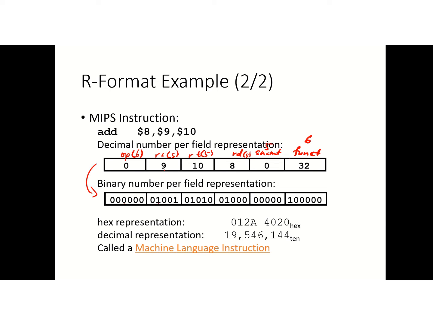And then 9 is actually 1001, but the size is 5, so you can add 0 at the front. And then RT is 10, which is 1010, and we add 0 at the front. And then for the destination, register 8, when we convert it, it becomes 01000. So the RD is also 5 bits. Shift amount is also 5 bits.